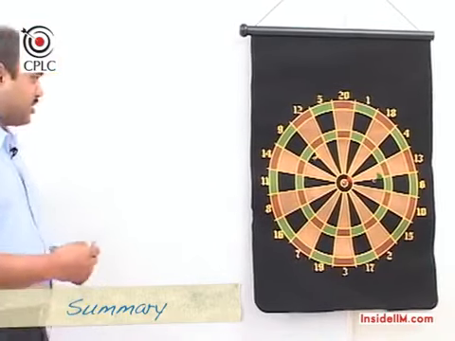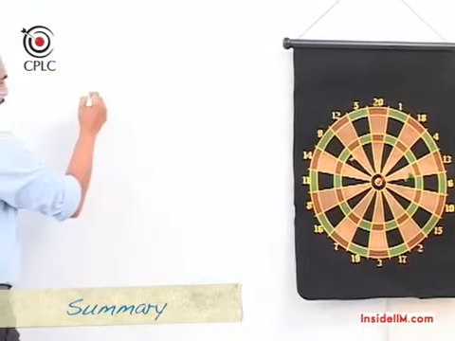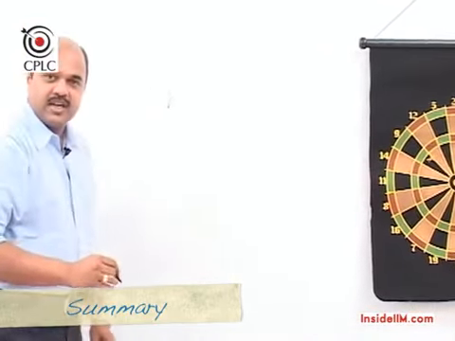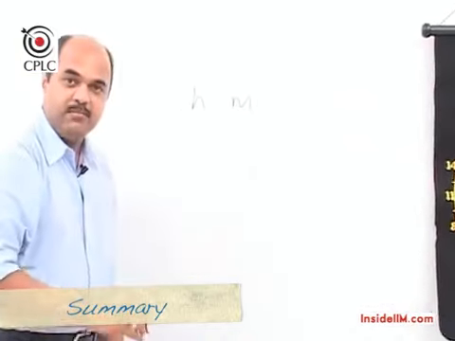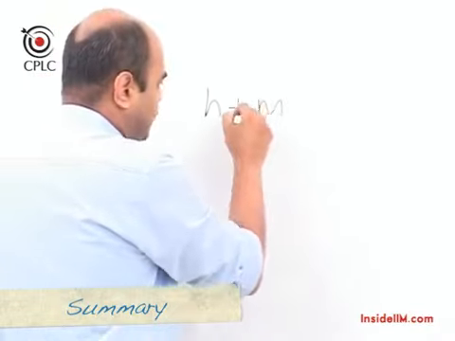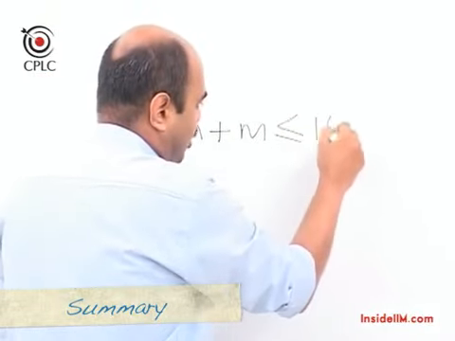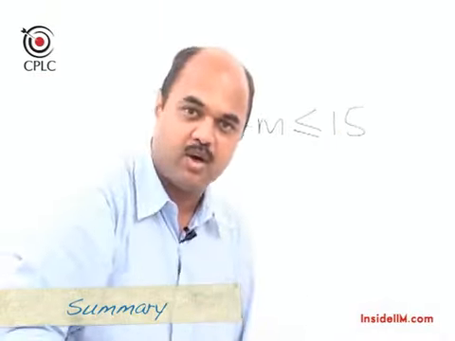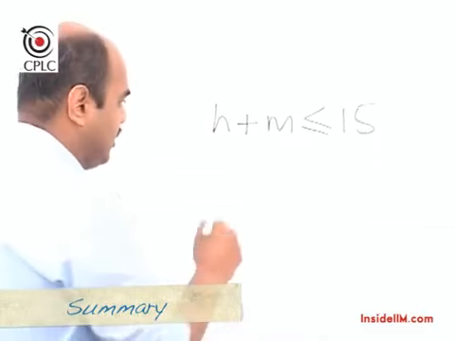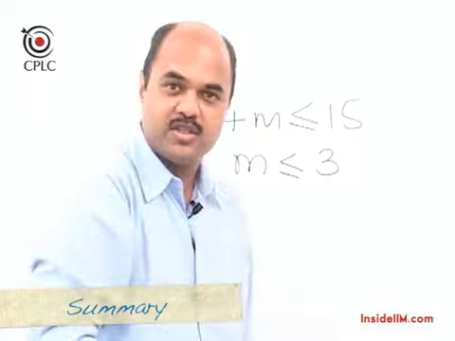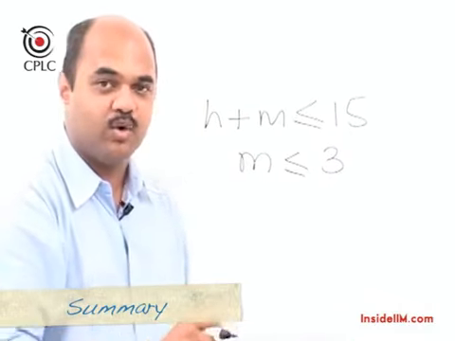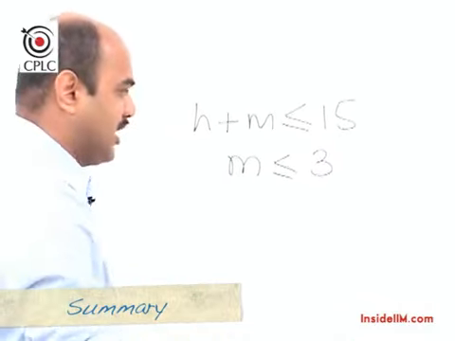Using inequations. If h indicates the number of times I hit the bullseye, and m indicates the number of times I miss the bullseye, then h plus m is less than or equal to 15 because I am allowed a maximum of 15 tries. m is less than or equal to 3 because I will miss the bullseye only a maximum of 3 times.